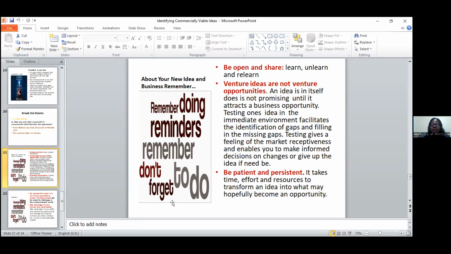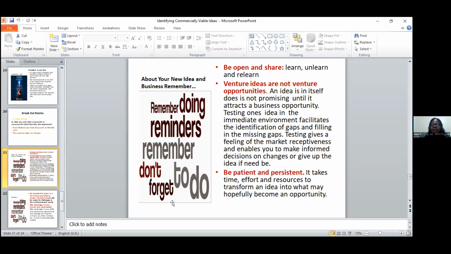So don't be shy to share your idea, because in sharing you learn and you unlearn. When you take your idea to the market, to a few customers, and you hear their feedback, you are able to unlearn and customize, to make that idea align with their needs, because you are trying to meet people's needs and not yours.